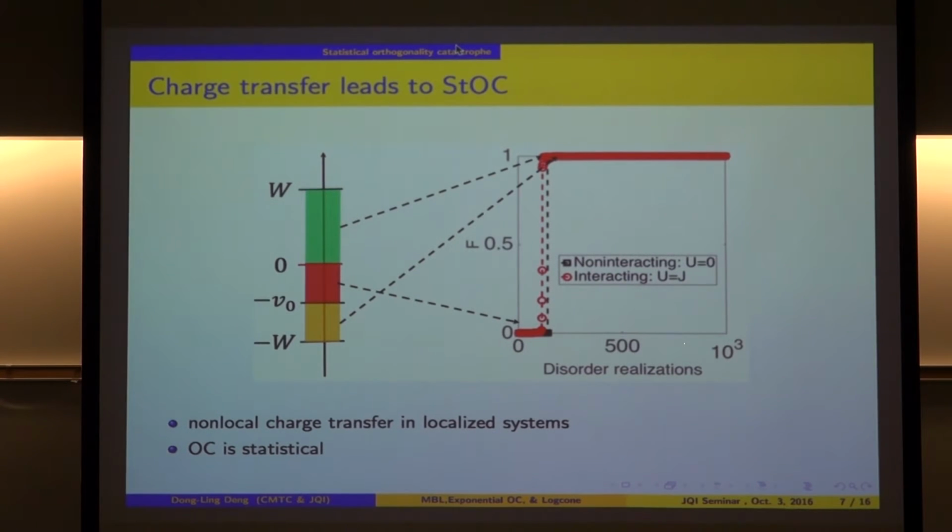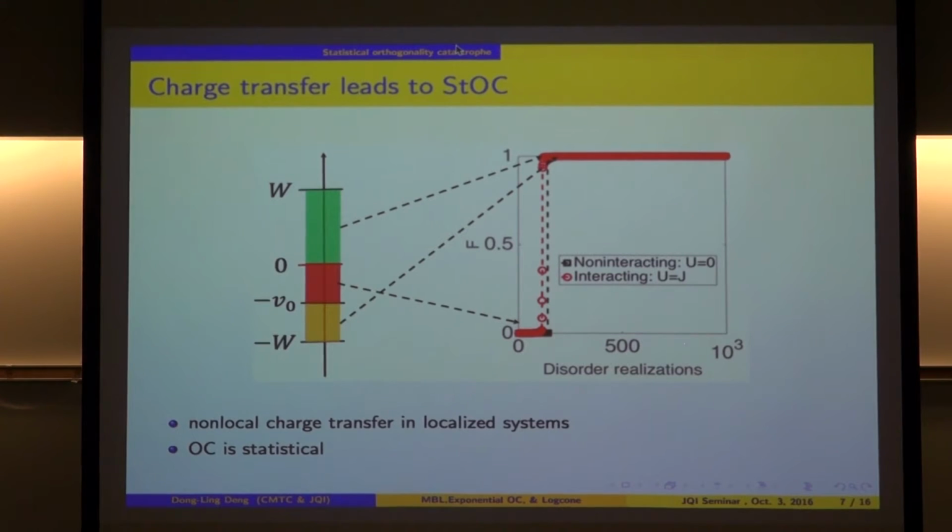If initially the onsite potential at site 0 is larger than 0, that means there is no particle occupying site 0. Then after you add the perturbation, there is no charge transfer, and as a result, there is no orthogonality catastrophe.